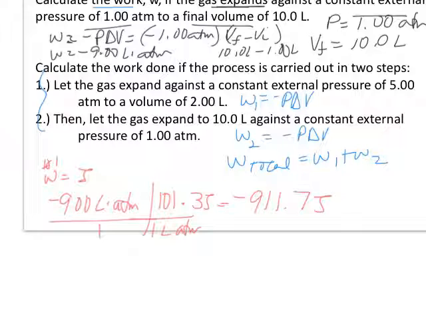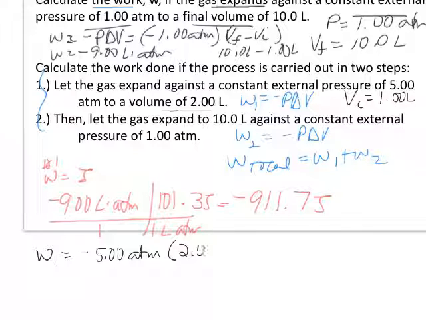Okay, so let's just look at this. Let the gas expand. Remember the initial, once again, is still the 1.00 liters in the very beginning. So let's look at work 1. It's showing you that the external pressure is 5, so negative 5.00 atmospheres, times VF, which is a volume of 2.00 liters, minus the 1.00 liters. And if you multiply this through, not too hard, is it, you should get negative 5.00 atmosphere liter.